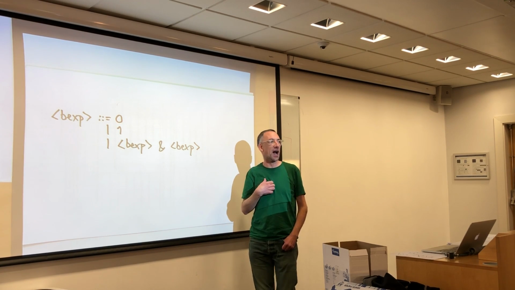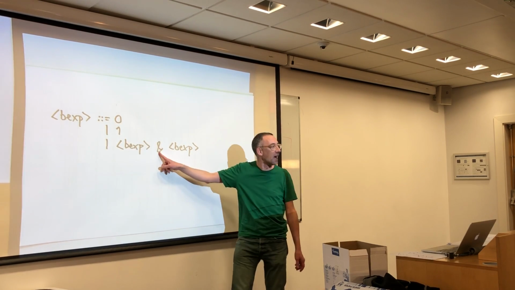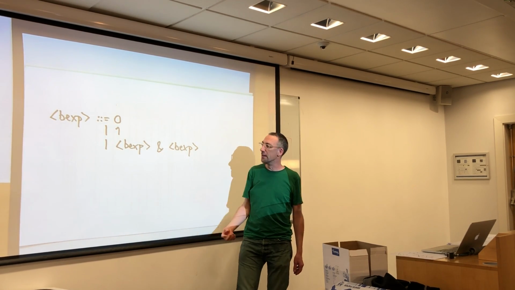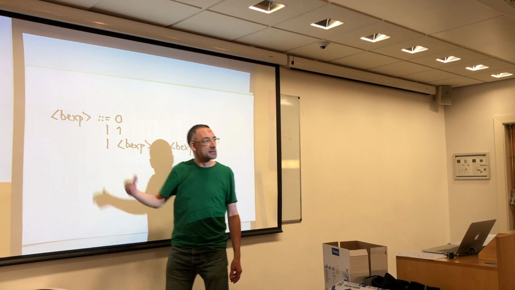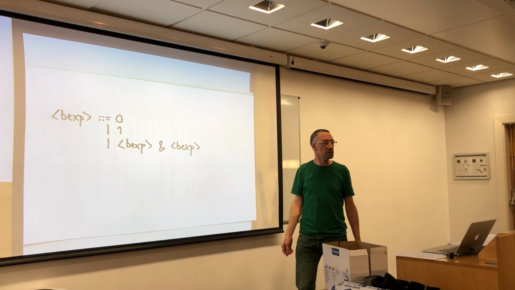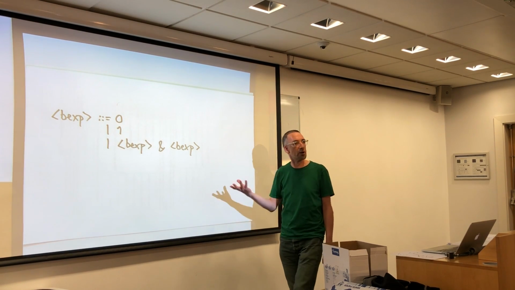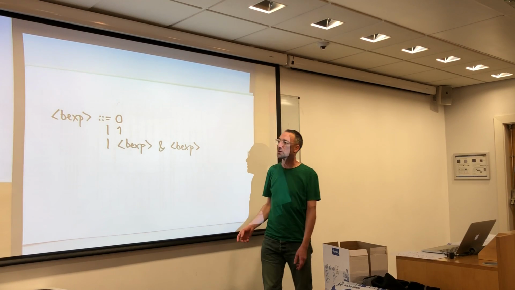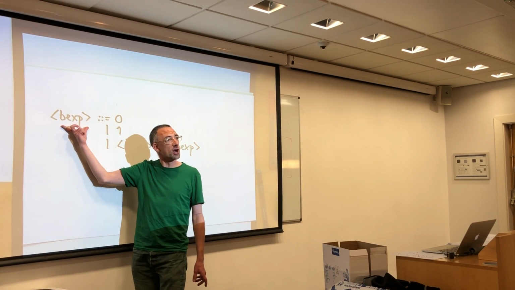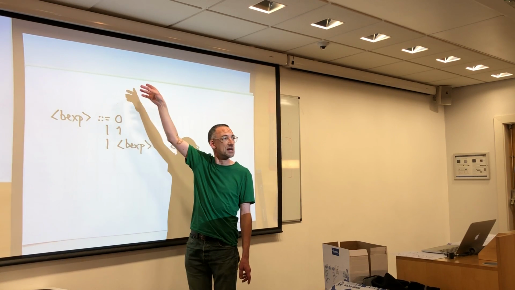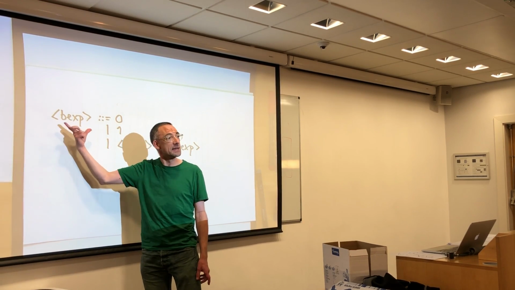They are the things that you actually type in your source code, like the 0, the 1, and the ampersand. And then these things that are enclosed in the angle brackets are called non-terminal symbols. They stand for the types of things that we're building. So a grammar takes one of the non-terminal symbols and defines the different ways to make things of that variety.